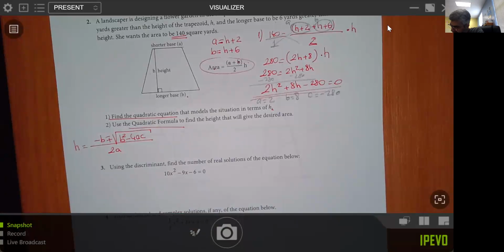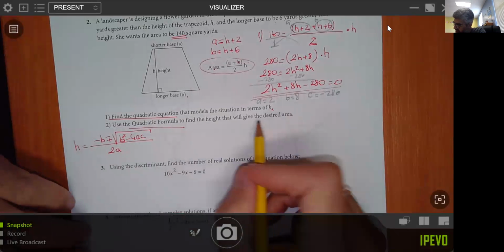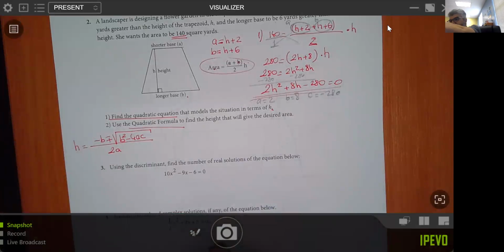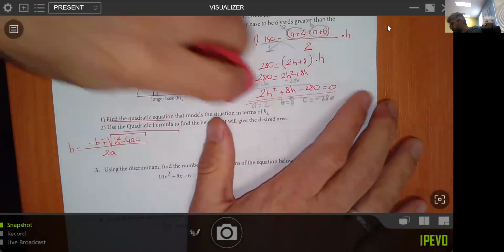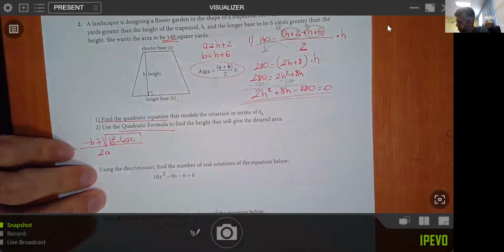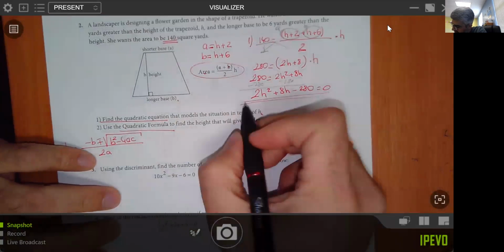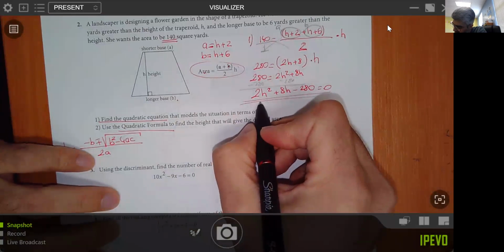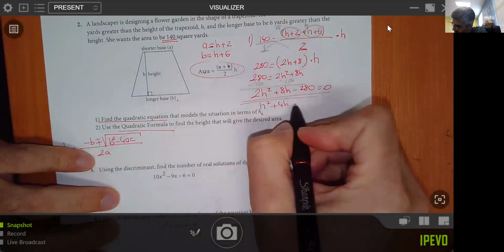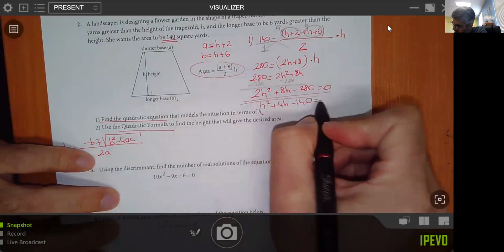Well, by the way, I realized that we can simplify this. Yes, guys? Yeah, let's do that. Let's simplify them. Even though we are going to use a calculator, it's always easier. If I simplify by 2, I will have h squared plus 4h minus 140 is equal to 0.